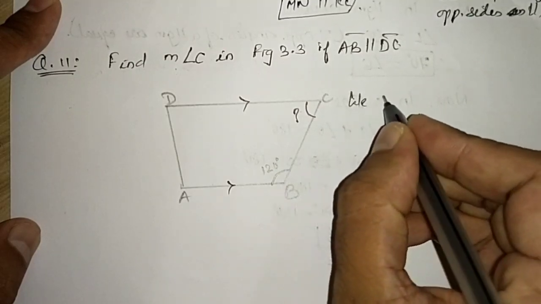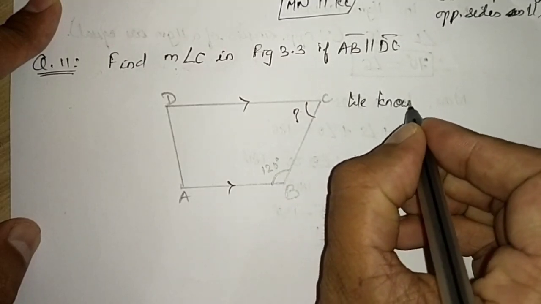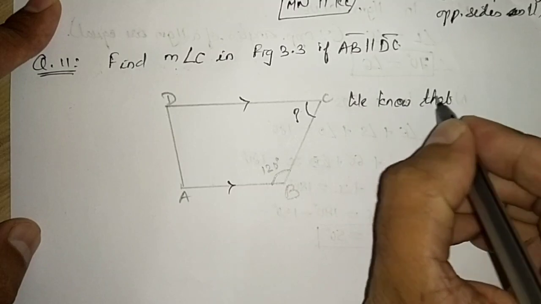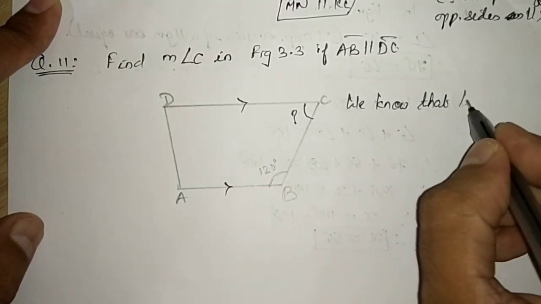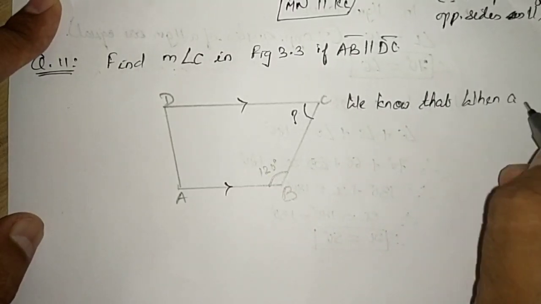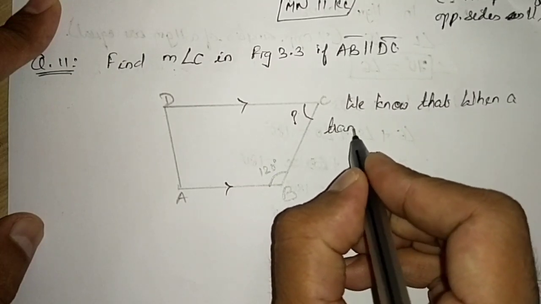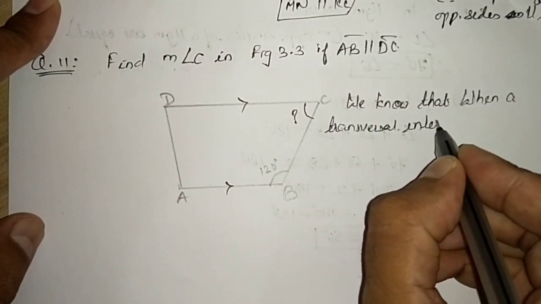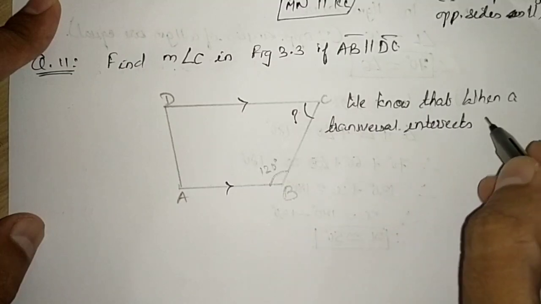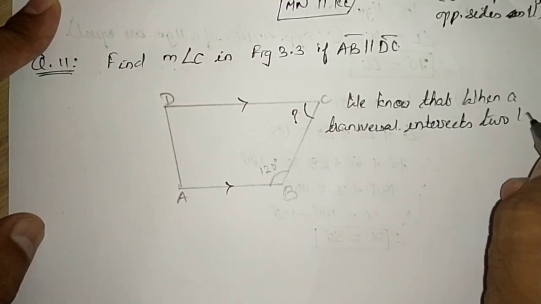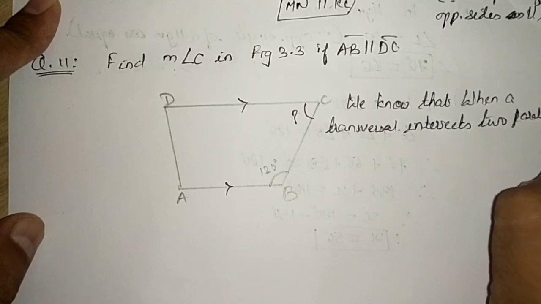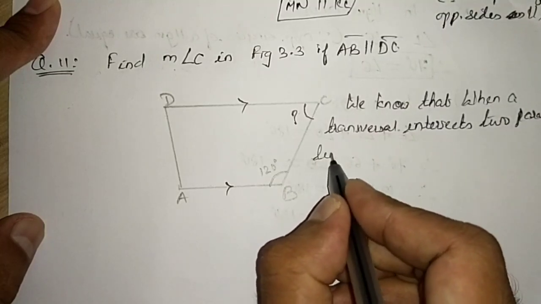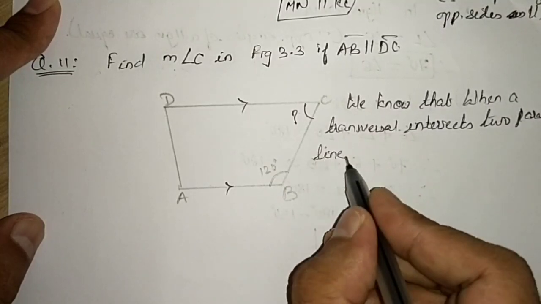We know that when a transversal intersects two parallel lines, here I am writing parallel lines, the previous question was two lines.